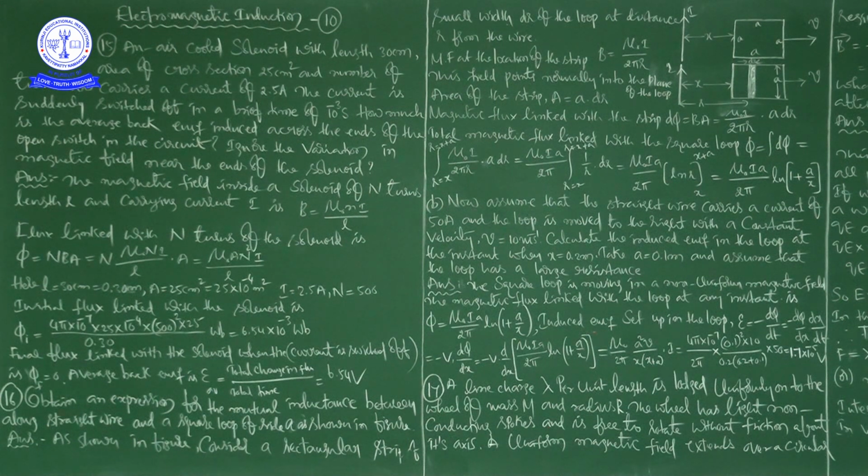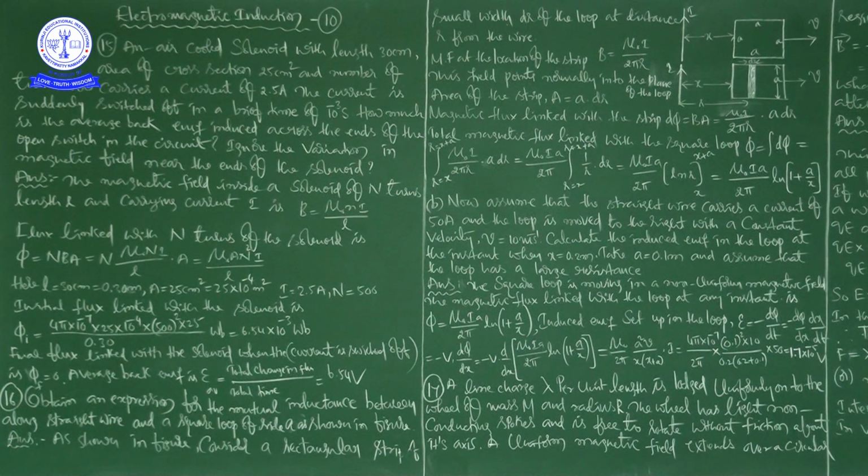So after completion of that, finally we get mu naught by 2 pi into a square v divided by x into x plus a. So here we have to complete some mathematical procedure. After completing the mathematical procedure, here we are getting epsilon as this value, and here you substitute, that is the induced EMF.